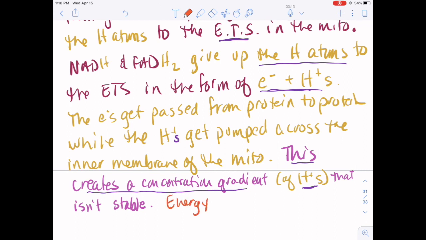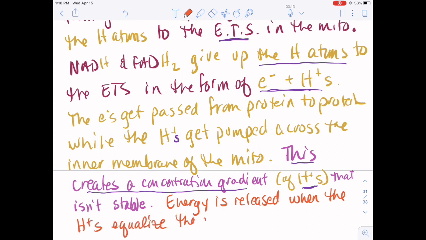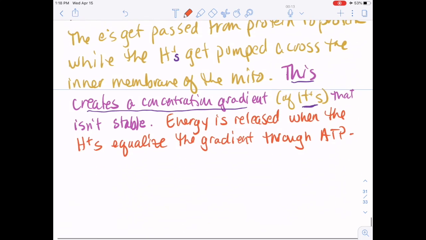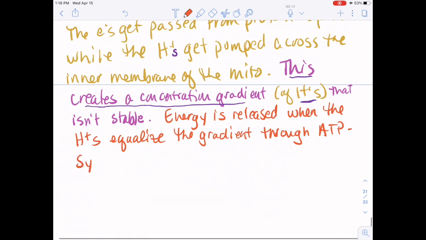Energy is released when the protons equalize the gradient through ATP synthase.